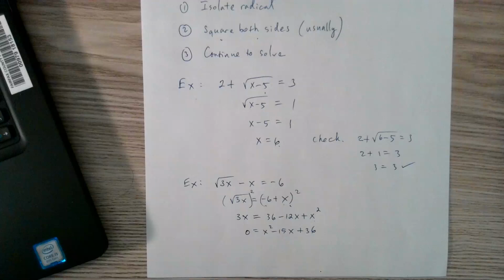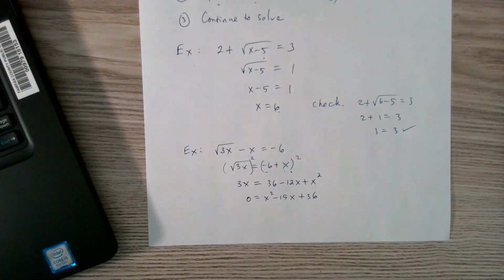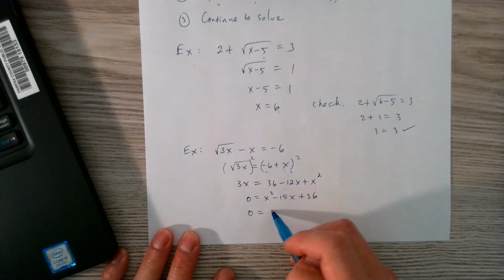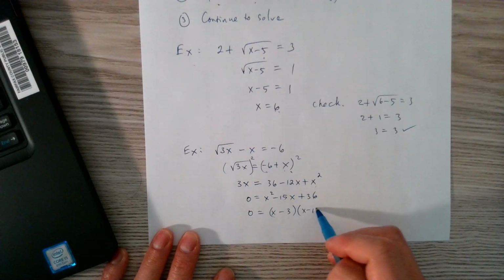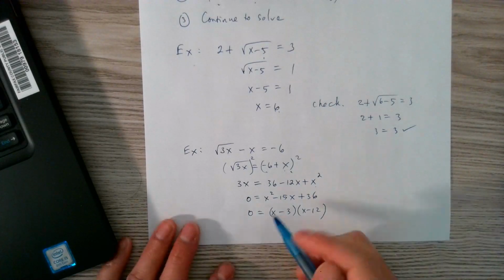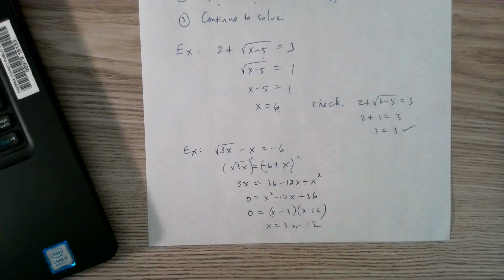Okay, I hope that this is factorable, and playing the game, I do get winners, -12 and -3, and after the factoring process, I get x minus 3, x minus 12. So that gives me two solutions for x equals 3 or 12.